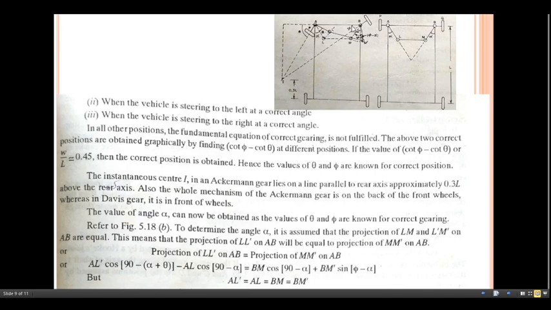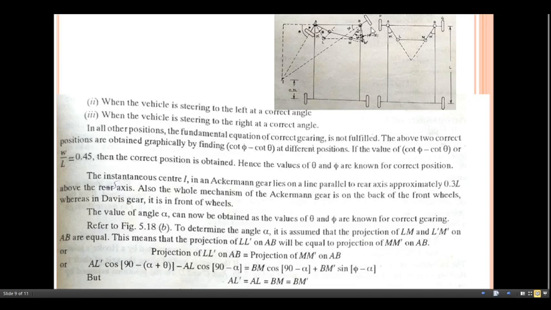Now if you refer to this figure to determine the value of alpha, it is assumed that the projection of LM and L dash M dash on the AB are equal.